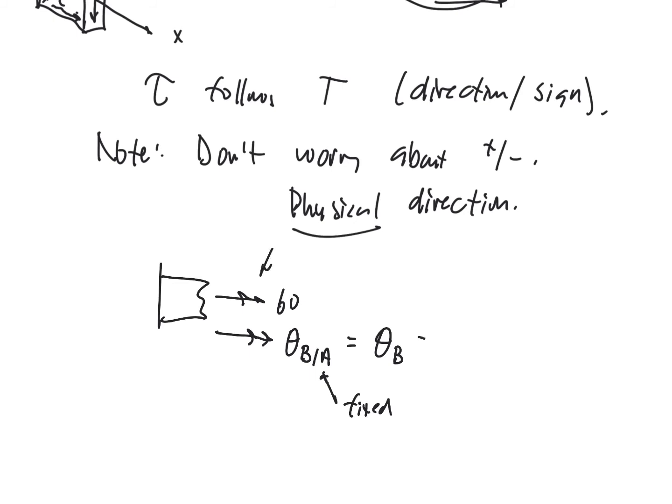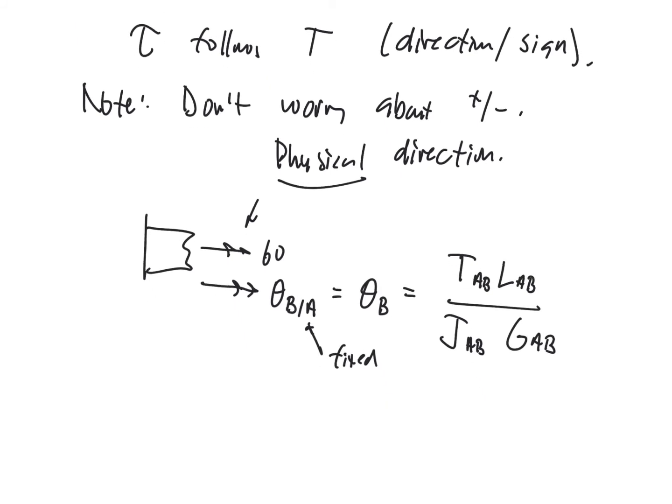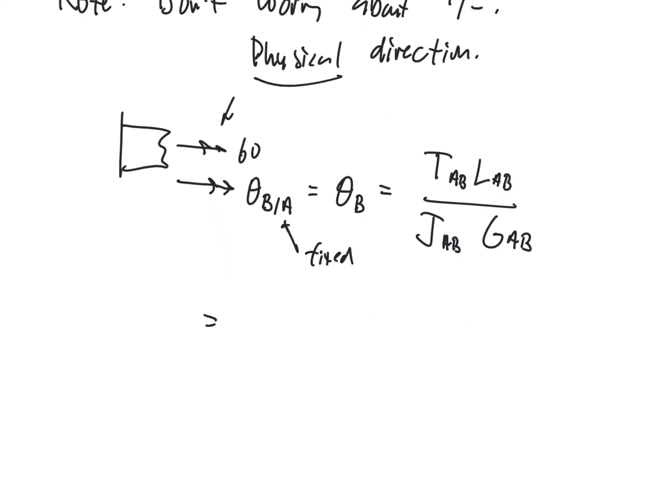And for that, we could write the torque in A to B times the L of A to B divided by the J of A to B and the G of A to B. So TL over JG for that particular segment. And what's that going to be? That's going to be equal to the torque, which is 60, and let's switch it around now, let's call it kip inches.